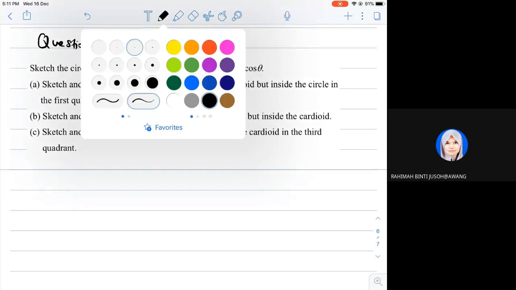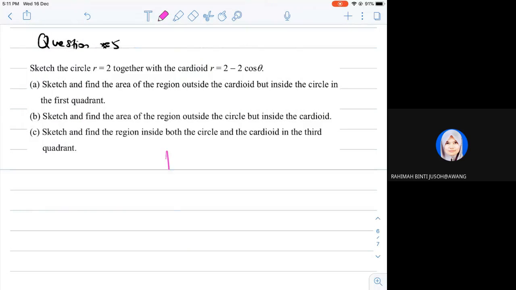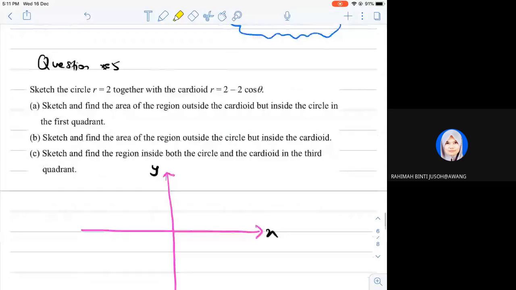Okay, so let us sketch the graph of this question. We have again a circle and cardioid. However, in this case, I believe that the coefficients are the same. We have 2 here. We also have 2 and 2.